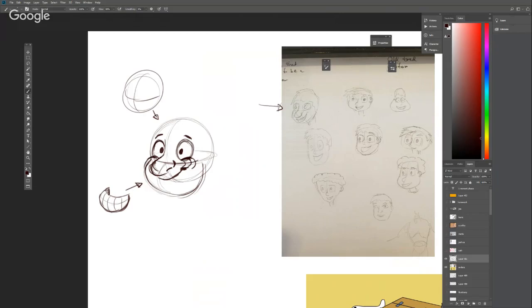So maybe if he has it here as well. And he's smiling with his teeth. And then maybe I draw the shape. And don't forget the ear. And then the neck is coming out of the head. Then you can add the hair on top of that shape.